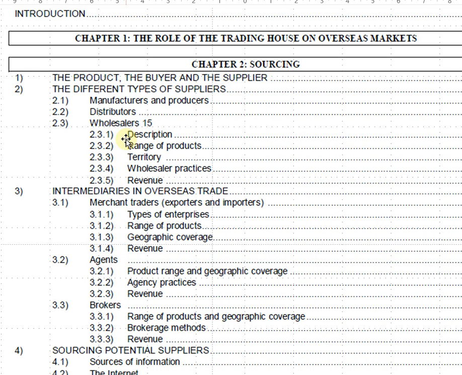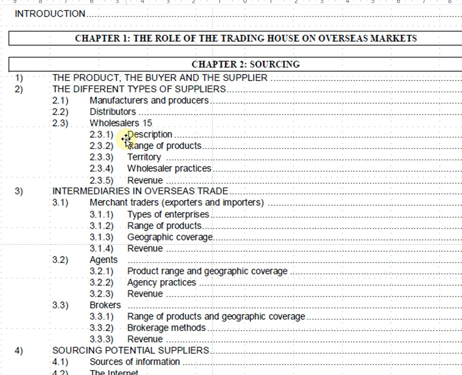As we learn about each of these parties, merchant traders, agents, and brokers, we can easily understand what type of parties we have to contact when importing or exporting.